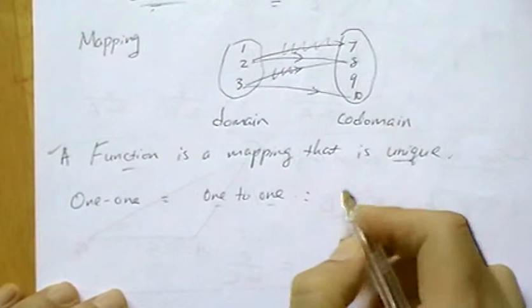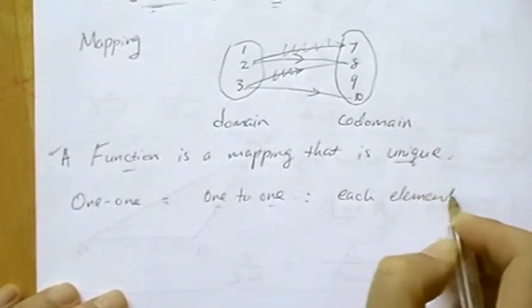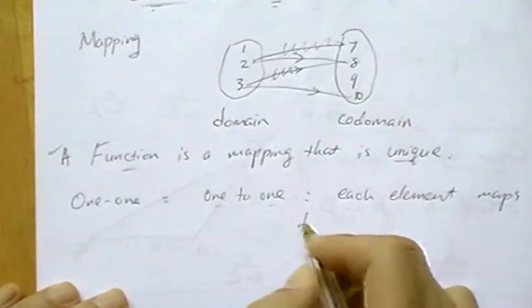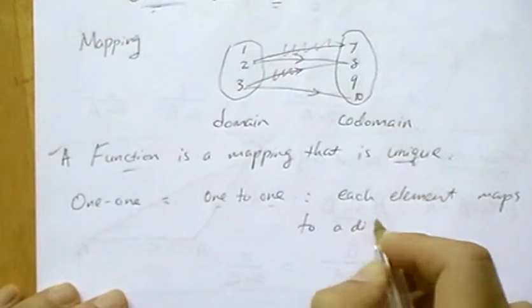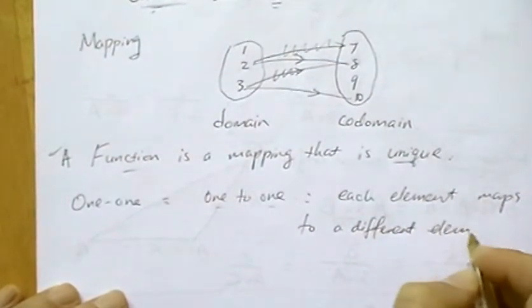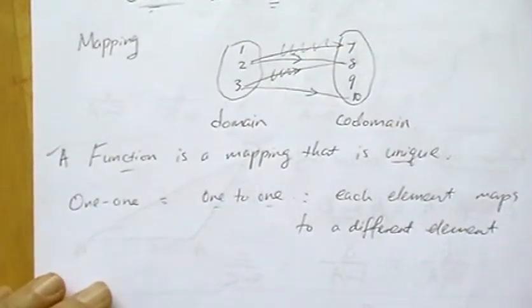So 1-1 means each element maps to a different element.